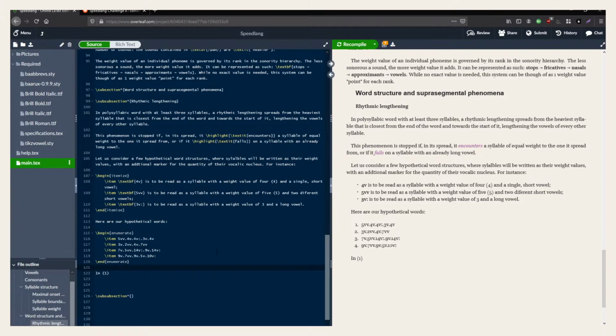So in one, what do we have in one? The heaviest syllable at the start of the word.